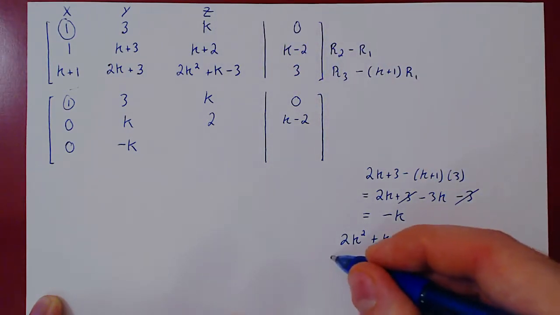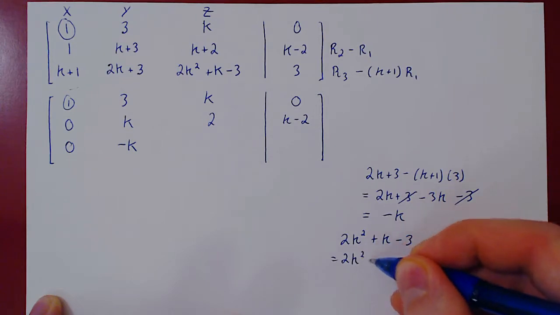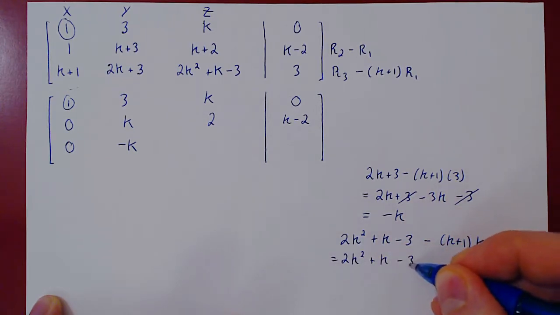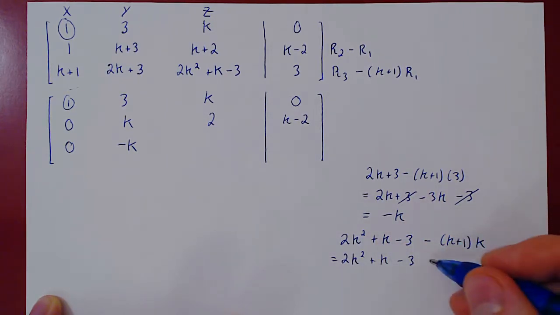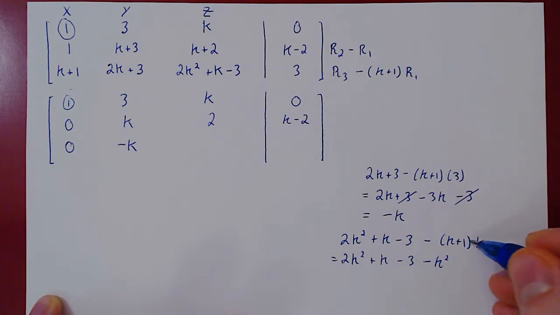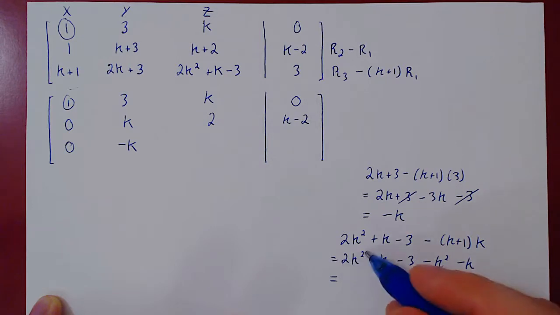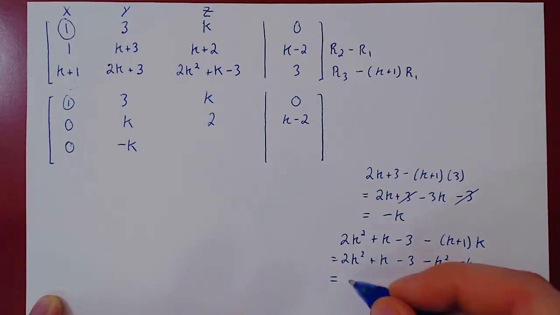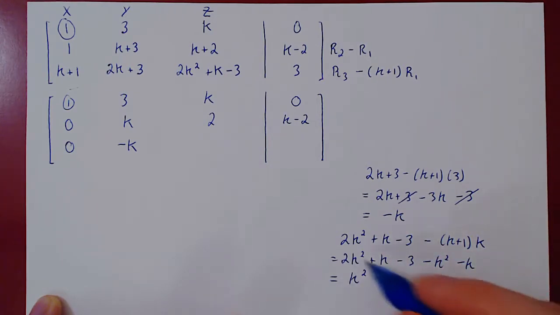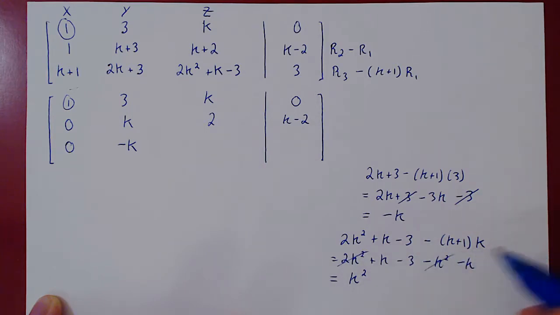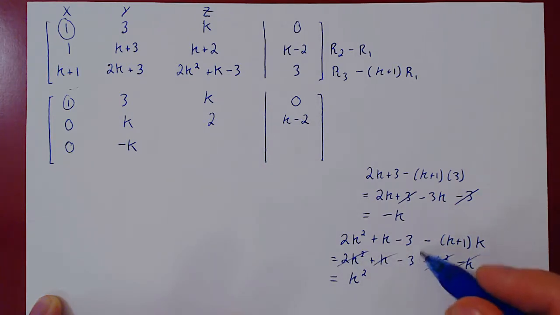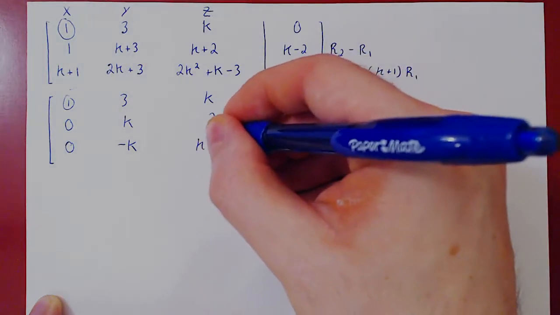So what do we have? 2k squared plus k minus 3, minus k times k squared is k squared, minus k times 1 is k. 2k squared minus k squared is k squared. k minus k is 0. And we're left with a negative 3. So k squared minus 3.